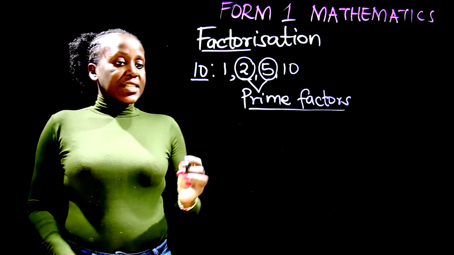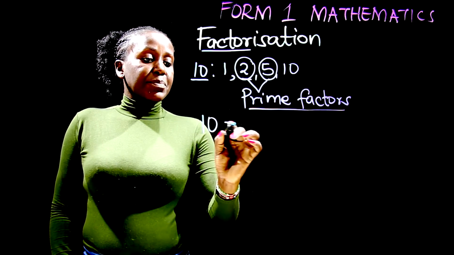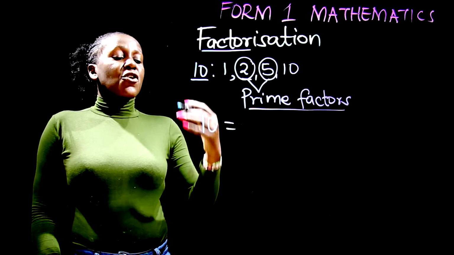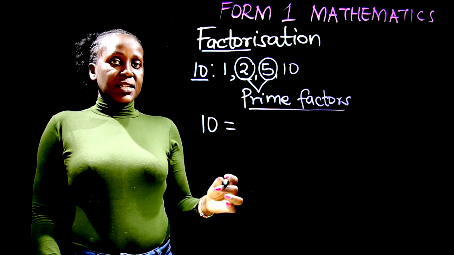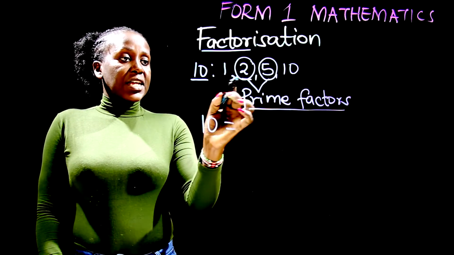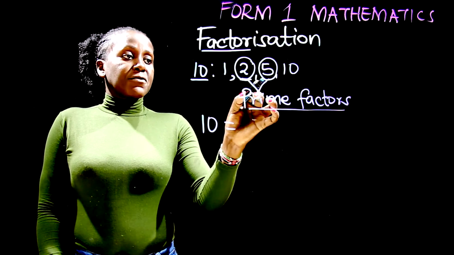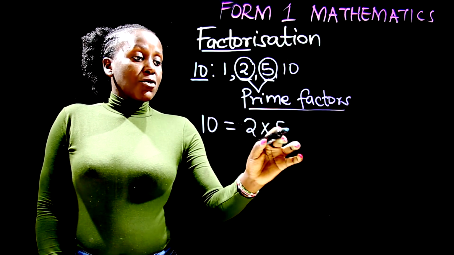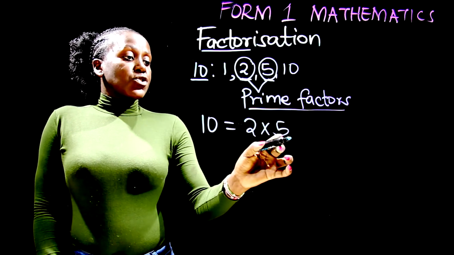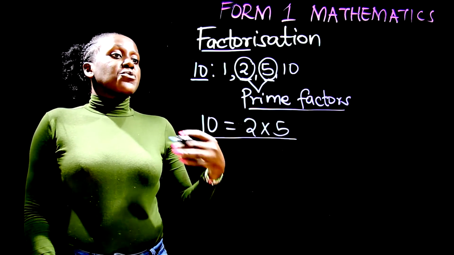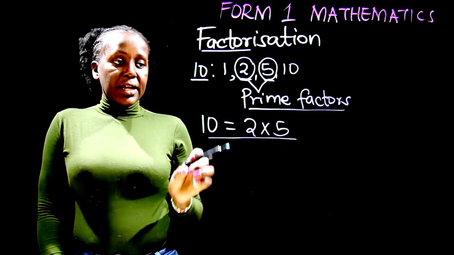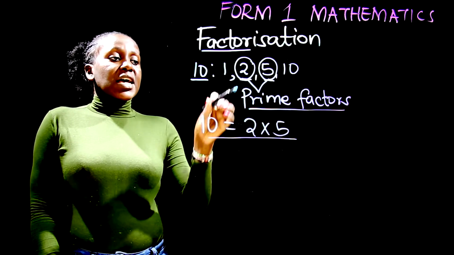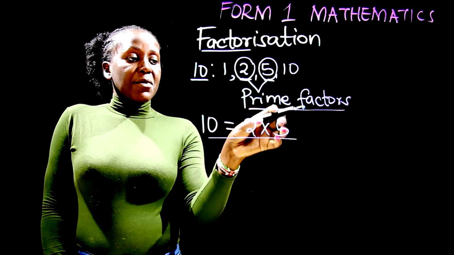For instance, 10 can be expressed as a product of its prime factors. The prime factors in 10 are 2 and 5. So if we multiply 2 by 5, we actually get 10. So in this case, we say that we have factorized 10 and expressed it as a product of its prime factors.